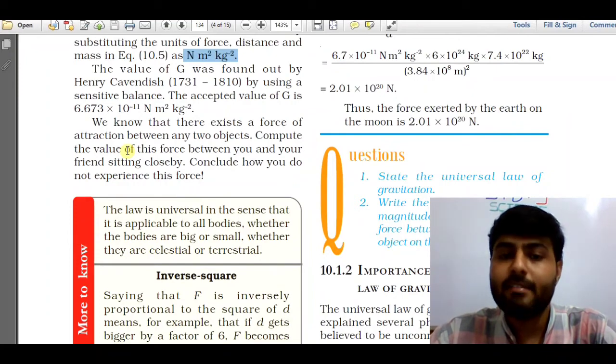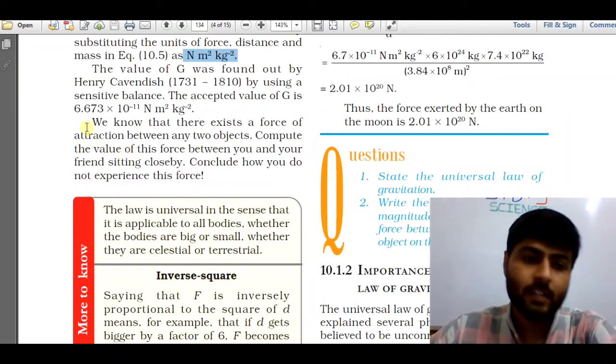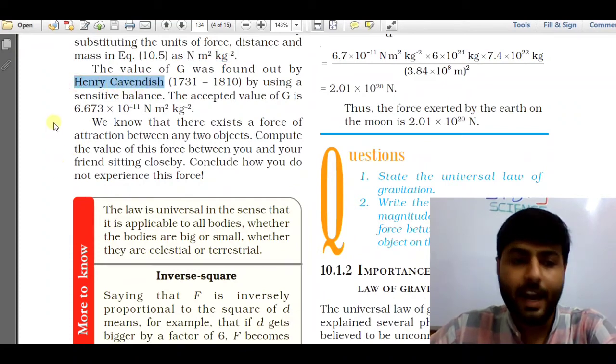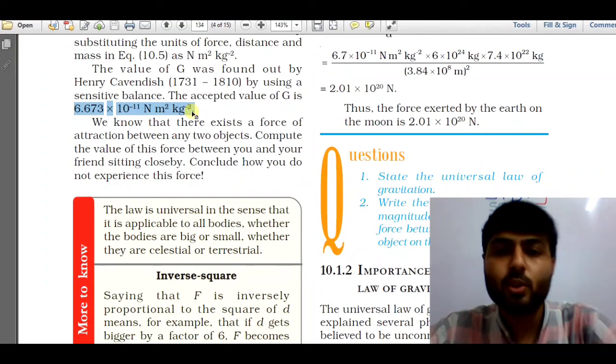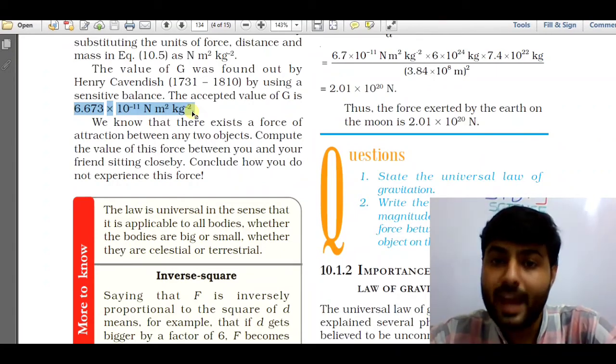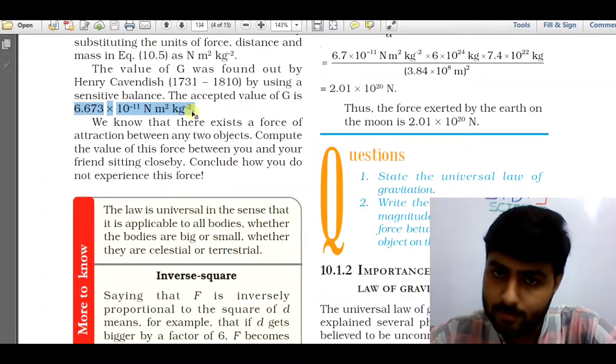The accepted value of G is 6.673 into 10 raised to minus 11 Newton meter square per kg square.